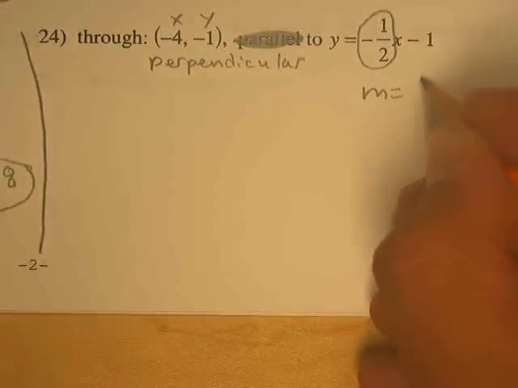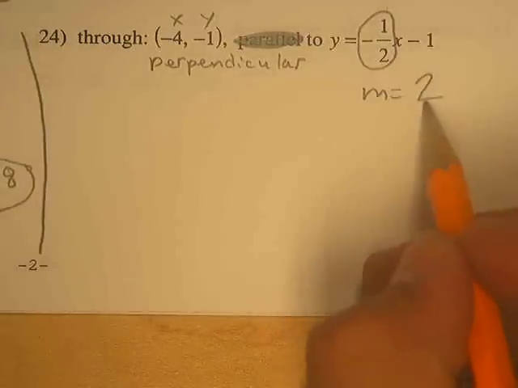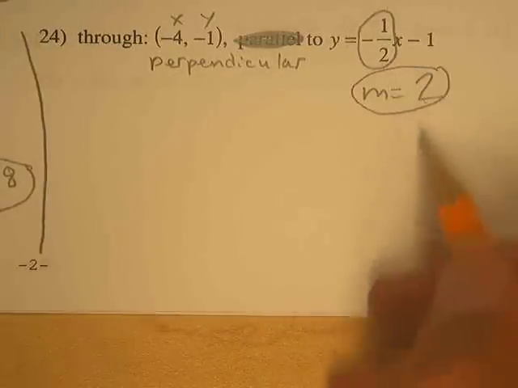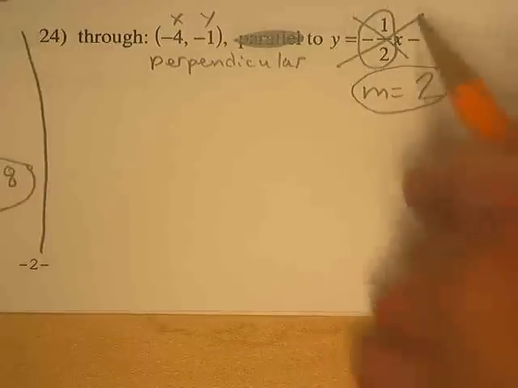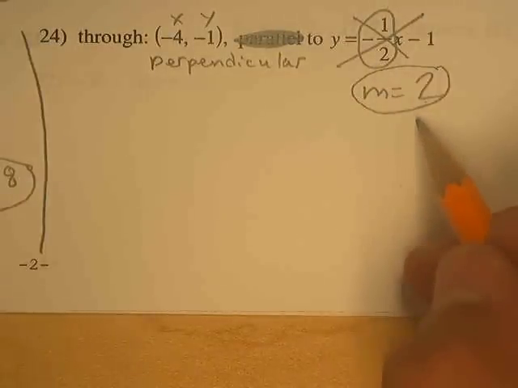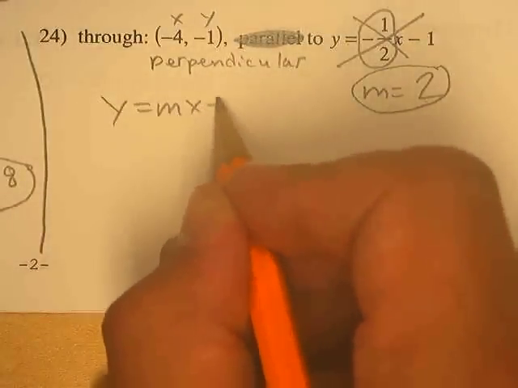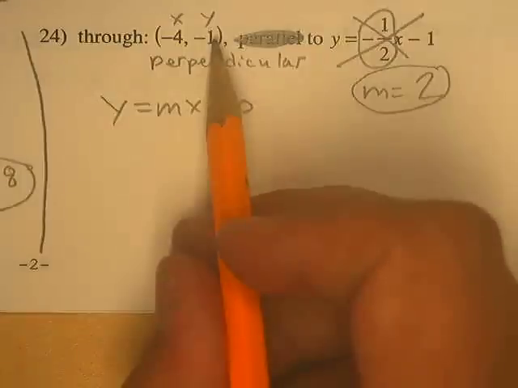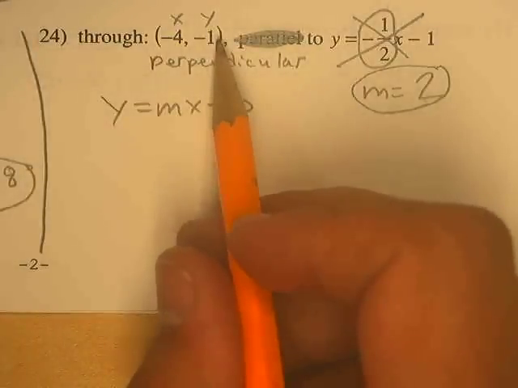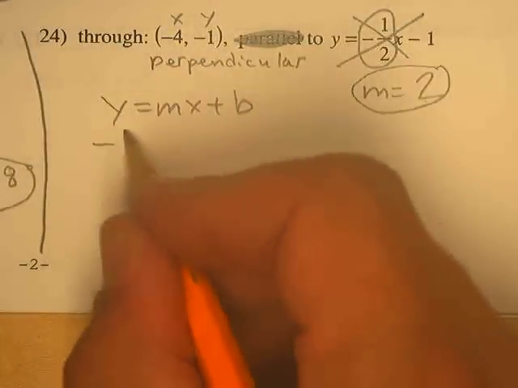So, first of all, we look at the slope, negative 1/2. I want to flip that. So now our new slope is 2/1, or just 2. This is negative, so this becomes positive. So since it's perpendicular, we're not using this anymore, we're using this slope.